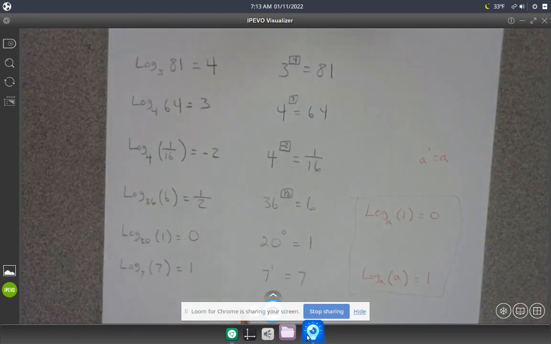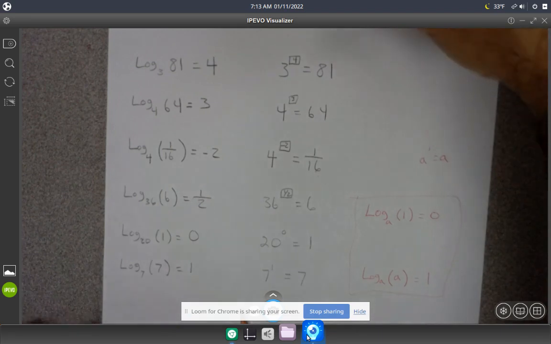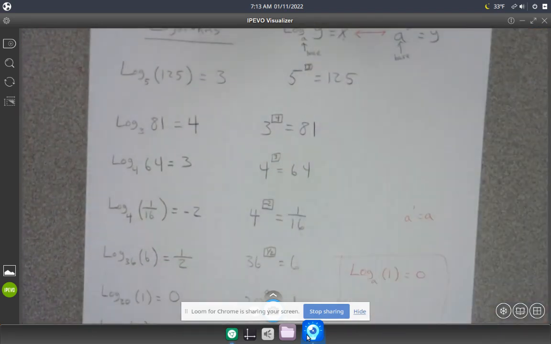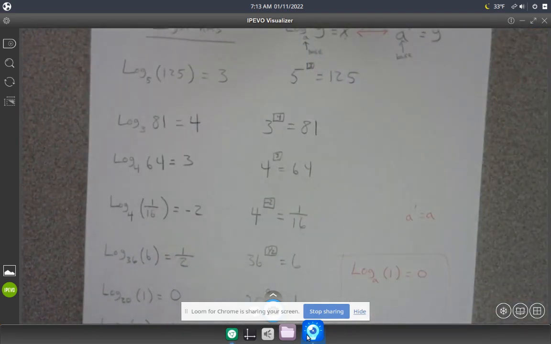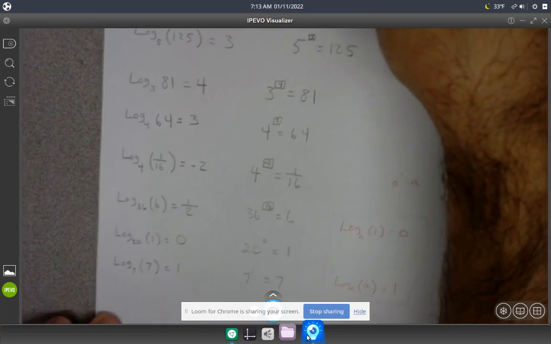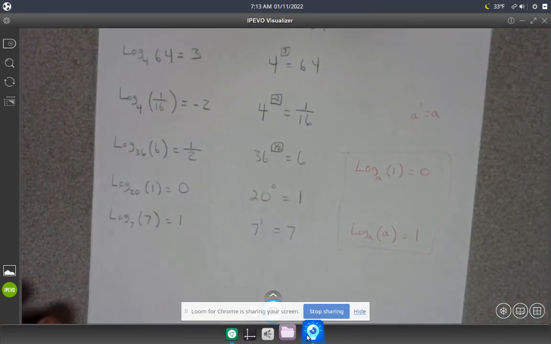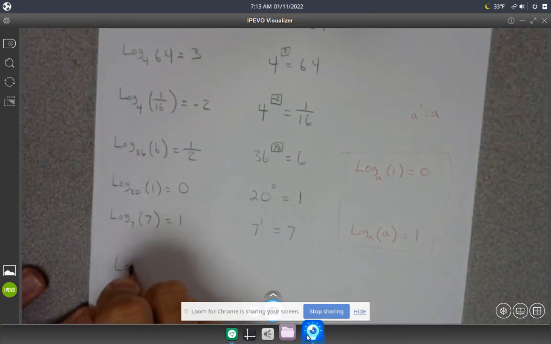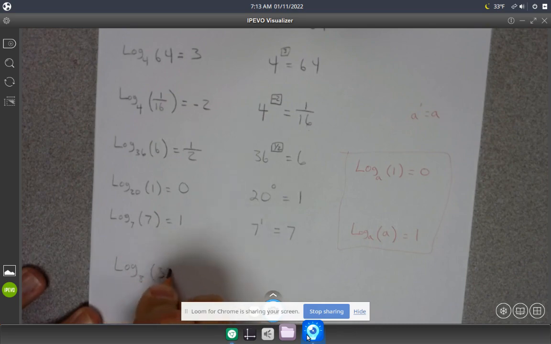So these are all pretty straightforward. I hope you're just figuring out what the exponent has to be in order to complete the equation. Some of them are a little trickier. Here I'll look at log base 8 of 32.